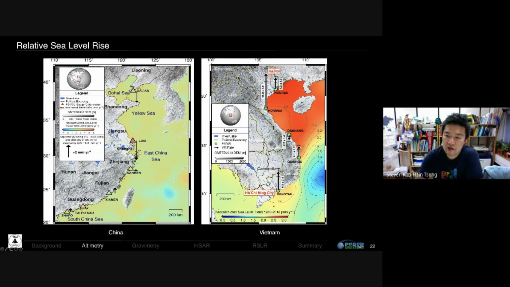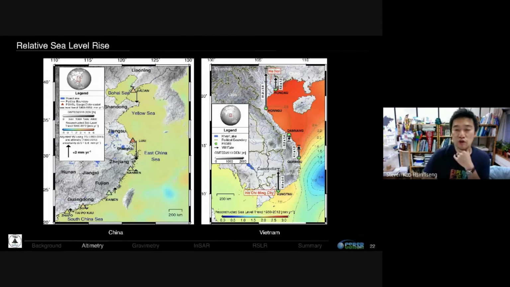So the sea level rising rate is far behind, much slower than the rising rate of the land. But you can see to the left, along China's coastline and other places, most of the land area is subsiding. So it's quite an issue.